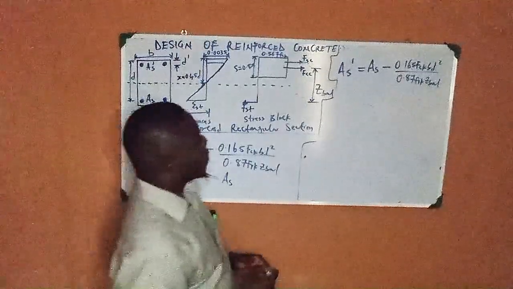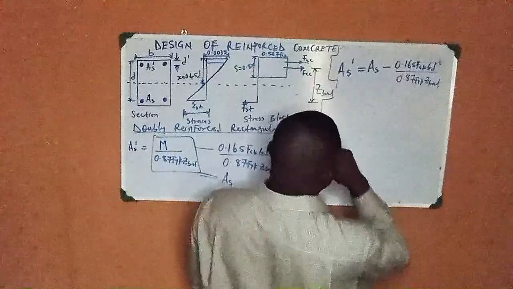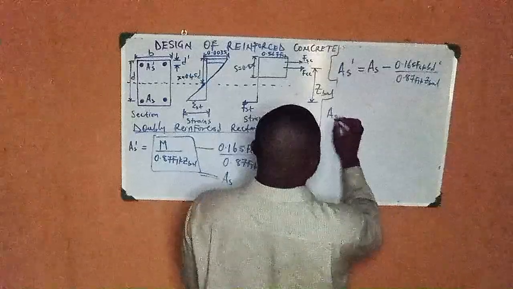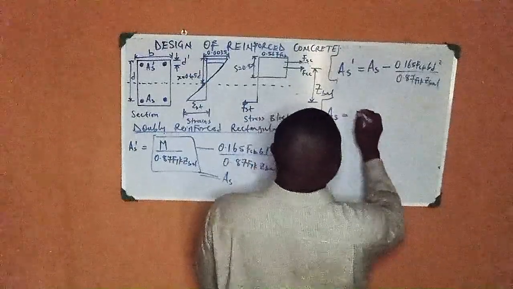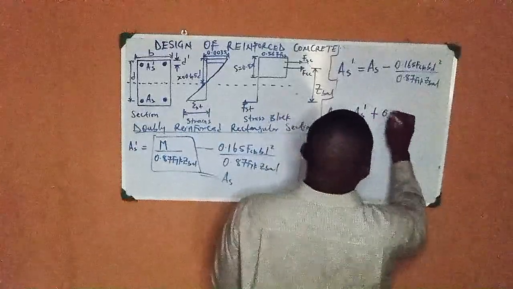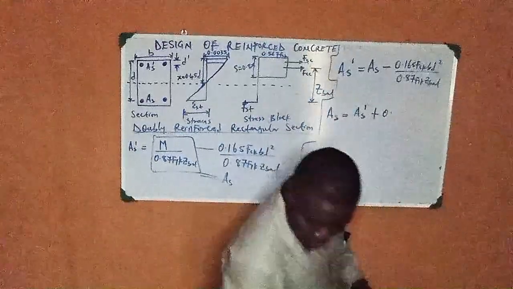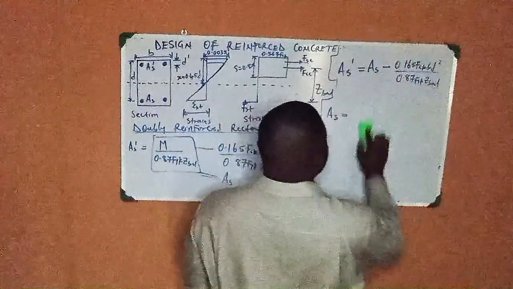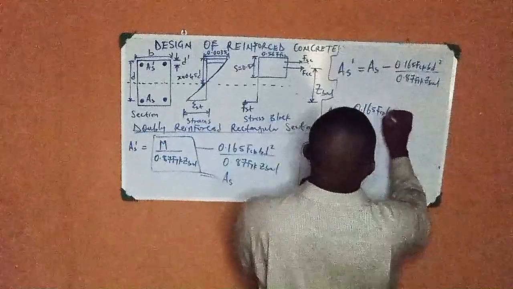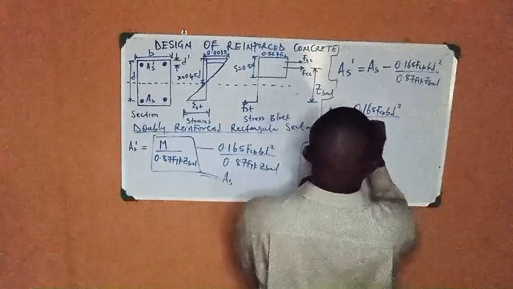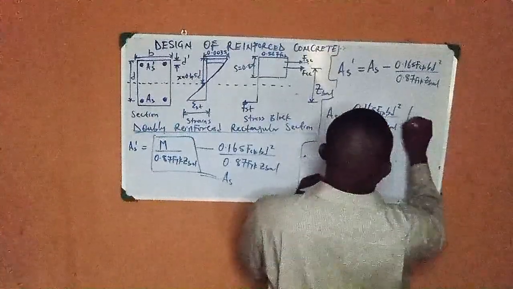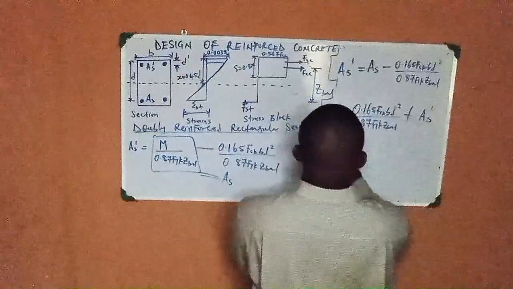So therefore, the area of steel As in the tension zone becomes As prime plus, let me arrange it very well, 0.165 fck bd squared over 0.87 fyk z bar plus As prime.